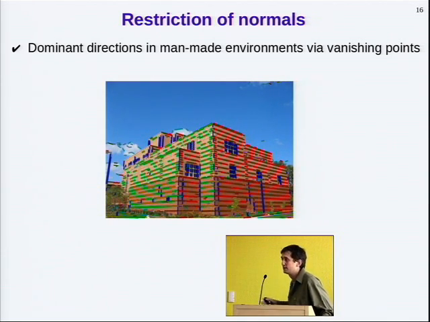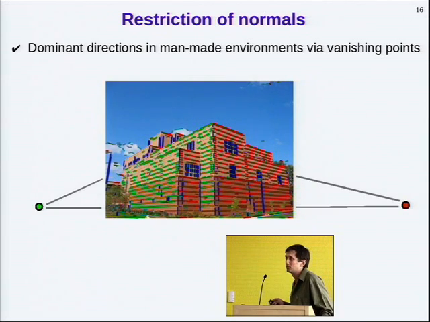So first we take the reference image, we fit the lines, and group them in such a way that the lines in each group cross one point, called the vanishing point. So for this image, we have 3 vanishing points. One is on the left, one is on the right, and one is almost at infinity.